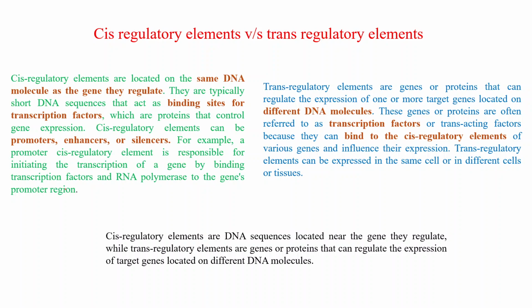That is your cis regulatory. Whereas trans regulatory elements are located on a different DNA molecule from the one they regulate. This is one of the most important differences between a cis regulatory element and a trans regulatory element.